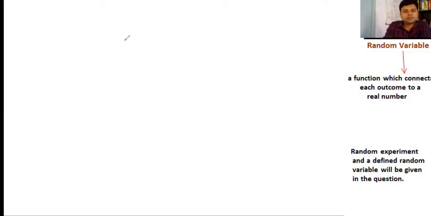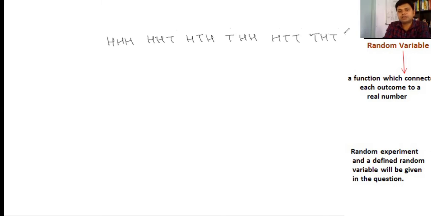So let me write the outcomes. It will be HHH, HHT, HTH, THH, HTT, THT, TTH, and last TTT.